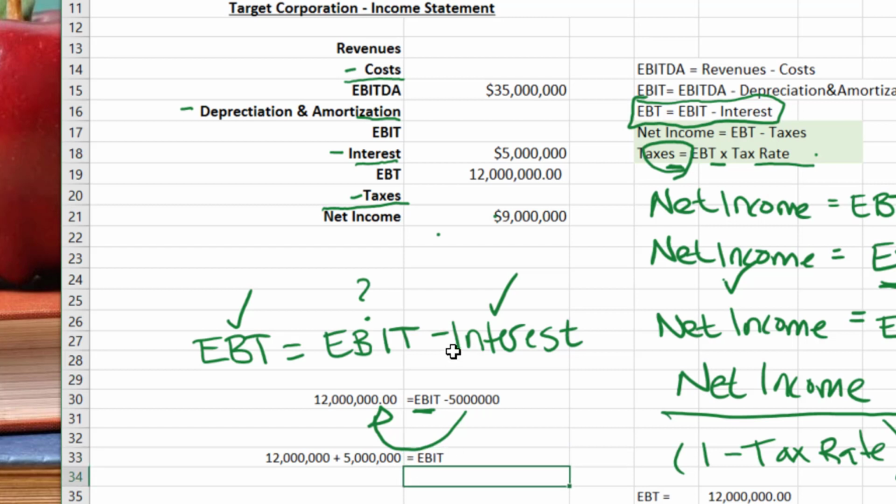Okay, so if I move it over, it'll become 12 million plus 5 million is going to equal that earnings before interest and tax. So to calculate it, I'll do equals here, 12 million plus 5 million. So 17 million. So now I have a number for earnings before interest and tax.